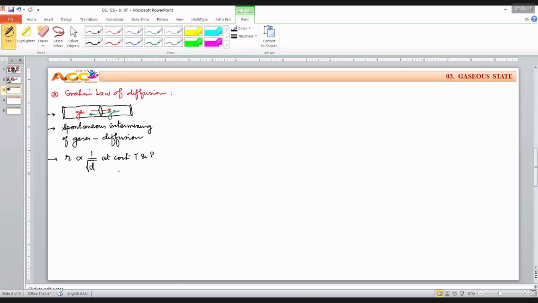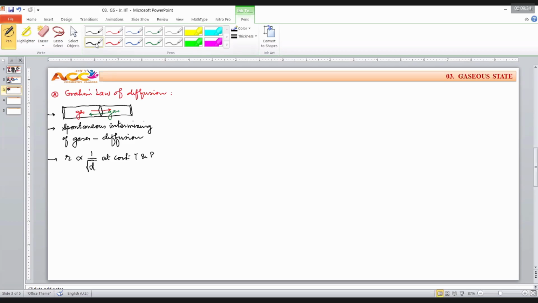That means there is no need to apply higher pressure or higher temperature. Heavier gases will have a slow rate of diffusion, lighter gases will have a fast rate of diffusion.